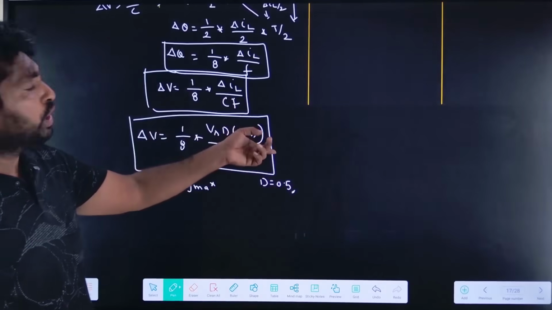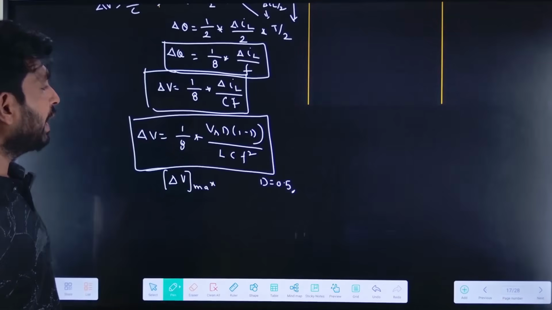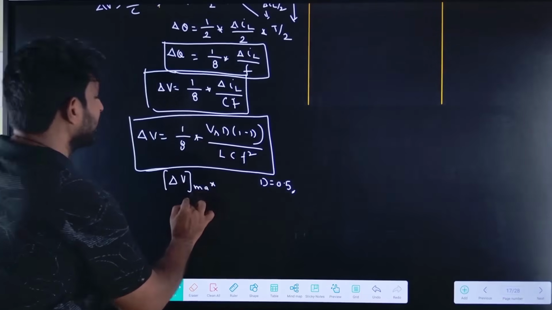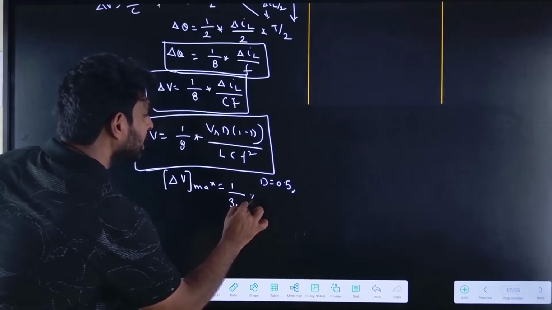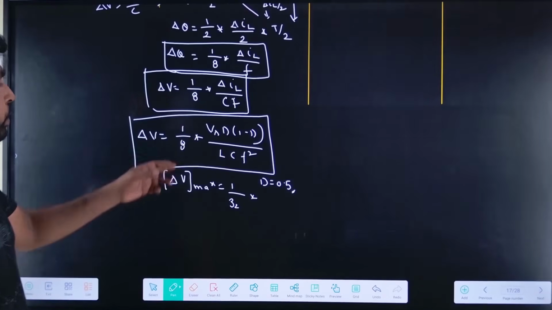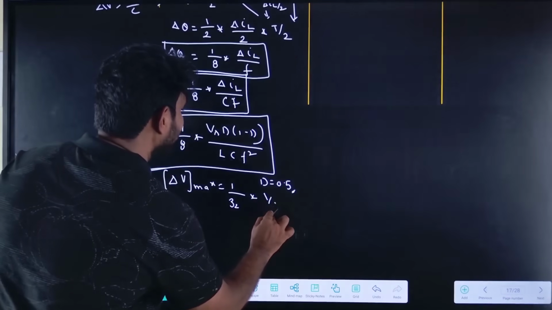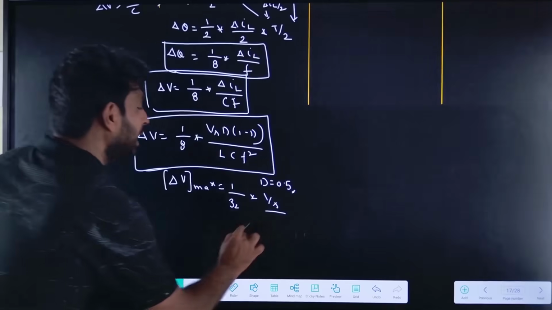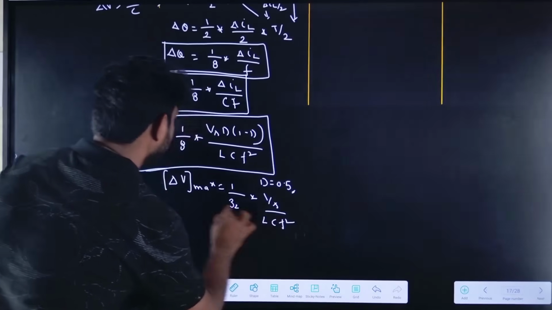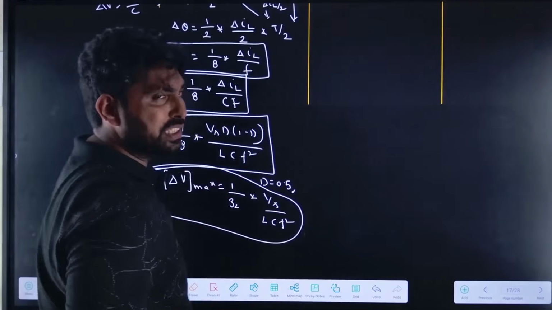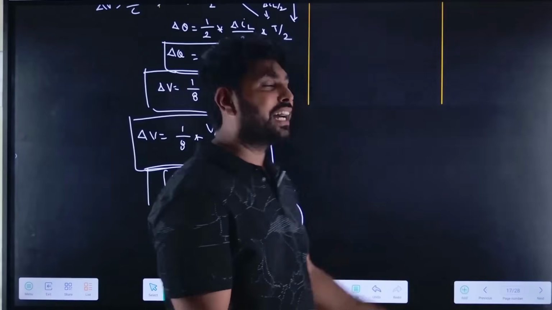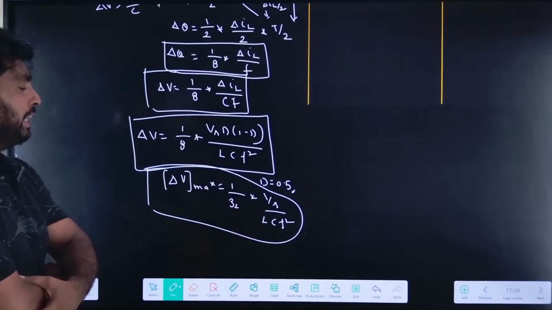Substituting D equal to 0.5, delta V max equal to 1 by 32 into Vs divided by L C F square. This is the expression for delta V max. We have already derived this for delta IL, and in the same manner we derive it here also.